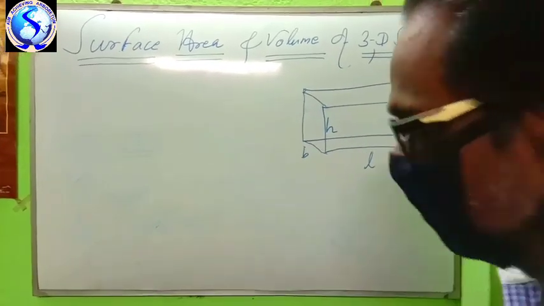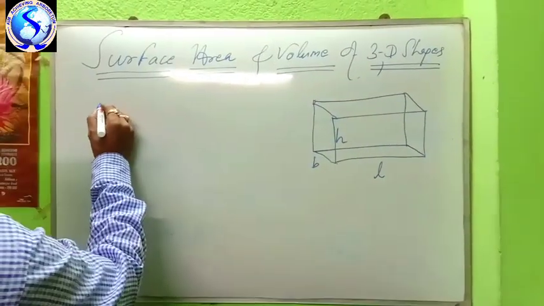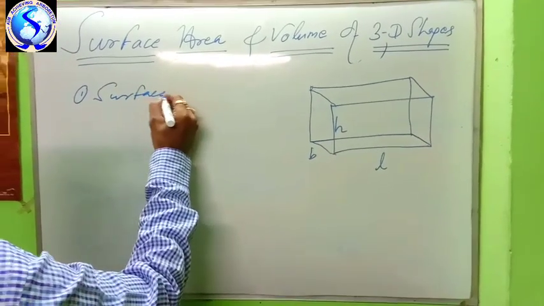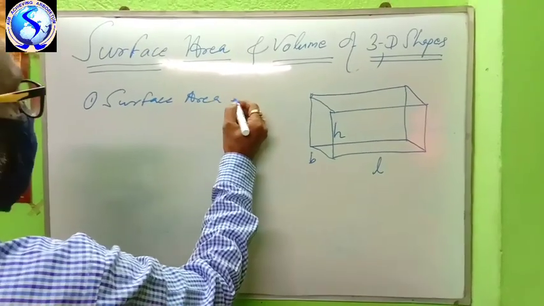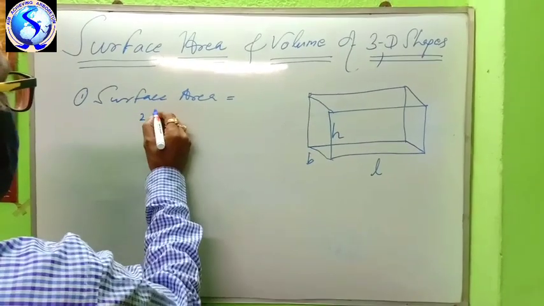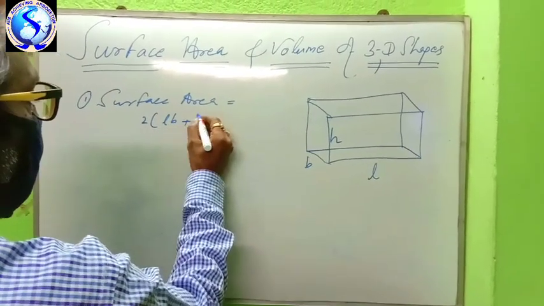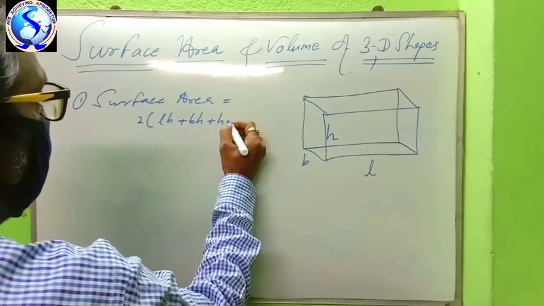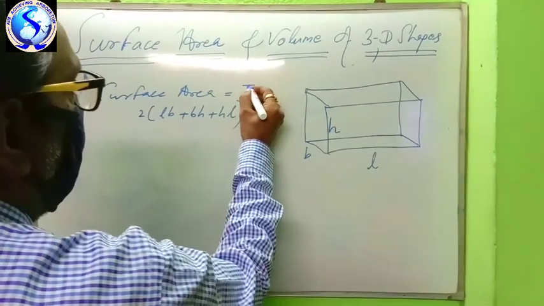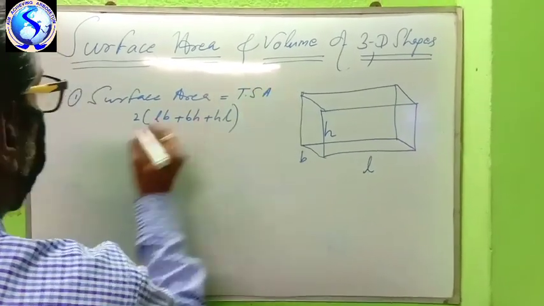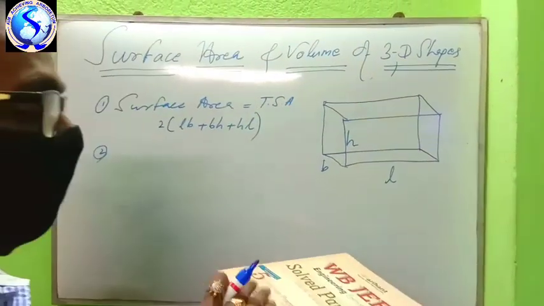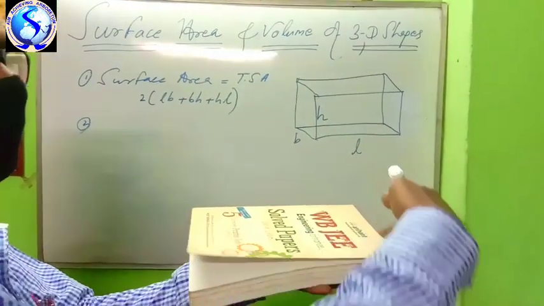Okay. What is the surface area? Surface area means total surface. Surface area of cuboid is 2 whole into LB plus BH plus HL. This is total surface area. And area of 4 walls. Area of 4 walls means 4 sides. See, 1, 2, 3, 4.